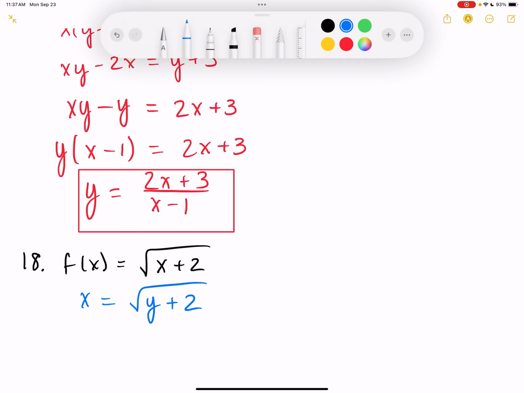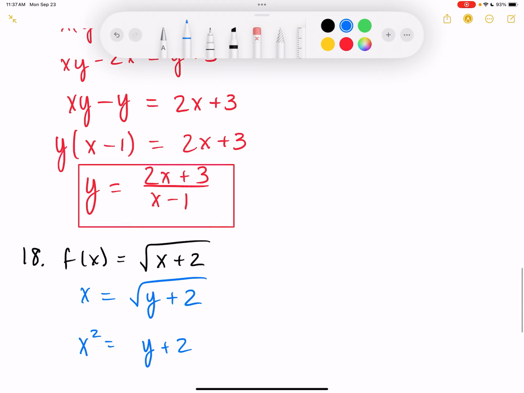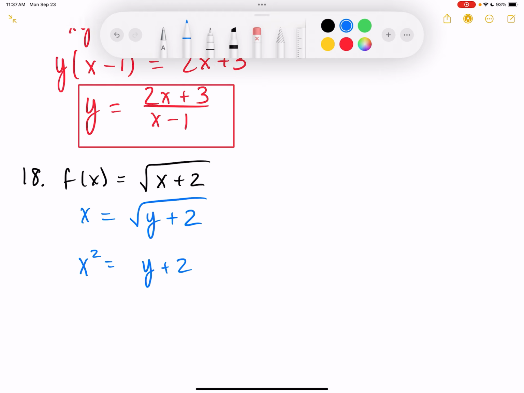How do I go about getting y by itself? What do I need to do first? Square both sides. So I get x squared equals y plus 2. And then just subtract. So y equals x squared minus 2. And that will be your inverse.